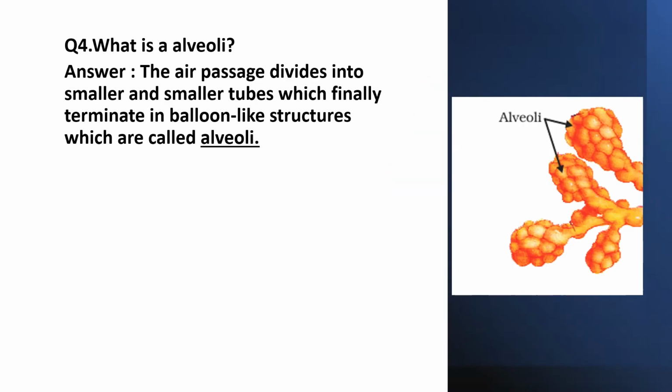What is an alveolus? The air passages divide into smaller and smaller tubes called bronchioles, which finally terminate in balloon-like structures. At the end of the bronchioles you will find air sacs or balloon-like structures called alveoli. And there, again I will repeat, exchange of gases takes place.